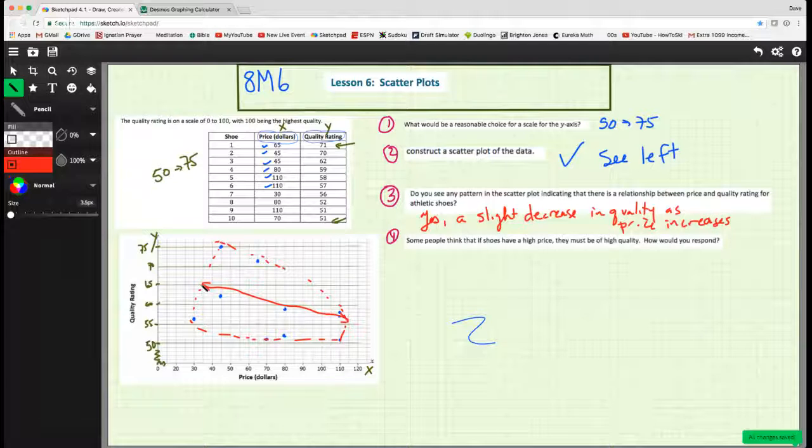In other words, as I get higher in price, it looks like I go down in quality because I have these points over here for expensive shoes, and then for cheap shoes, I have these points over here. So I have some low quality cheap ones, but some high quality cheap shoes too. And then all of my expensive ones are low.